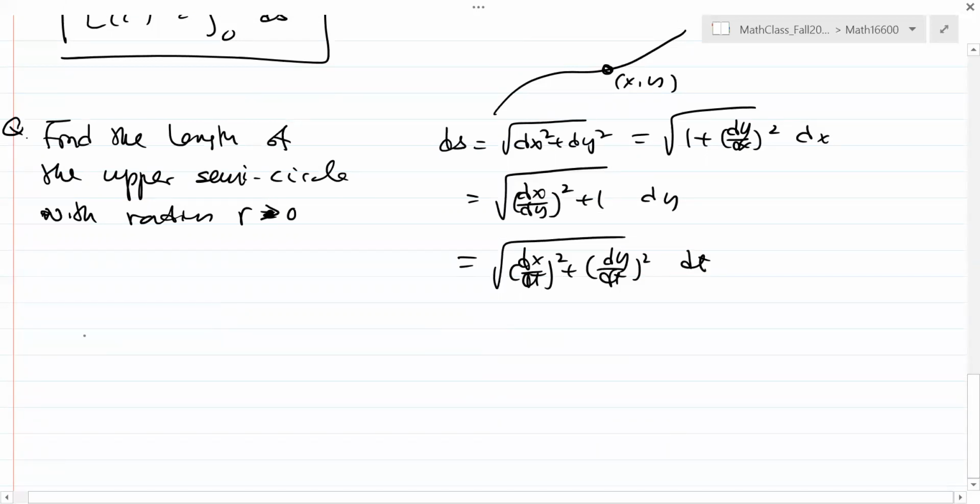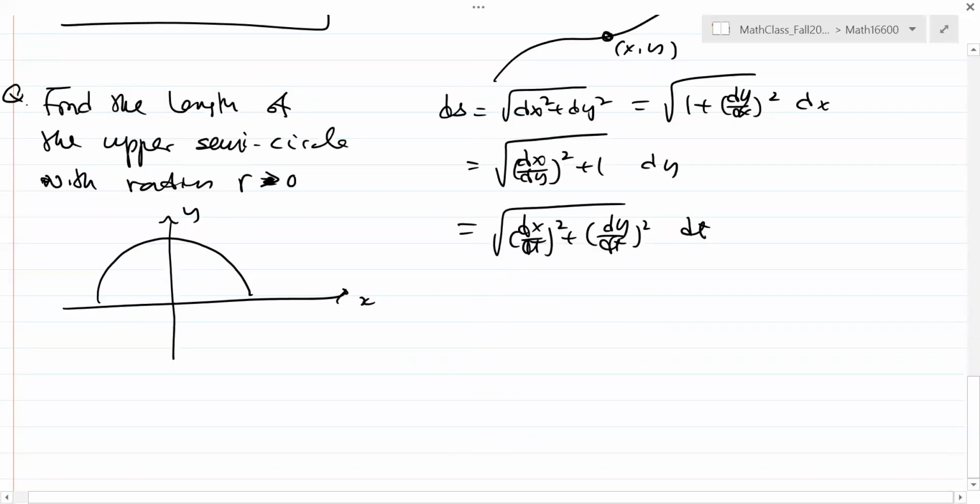The idea is, how do you describe this upper semicircle with radius r? Well, the most natural way to describe it is to view it as the graph of a function, right? We know that x squared plus y squared equals r squared for an arbitrary point x, y on the circle.